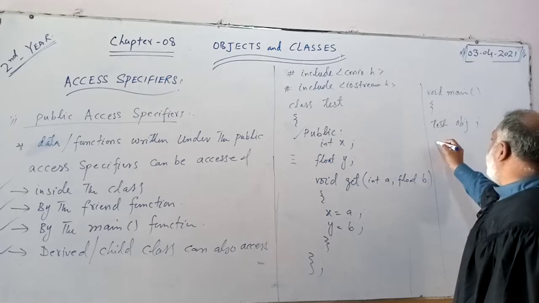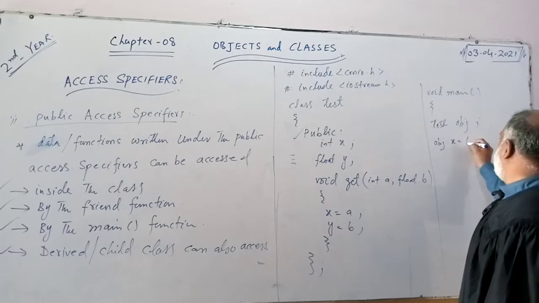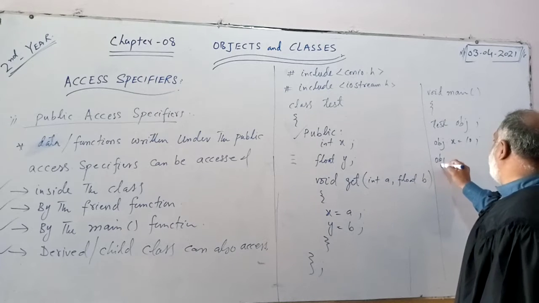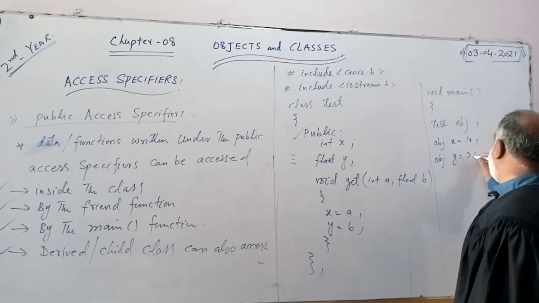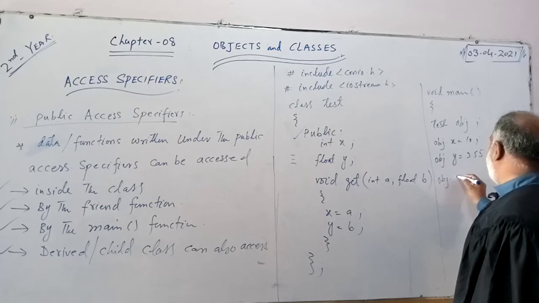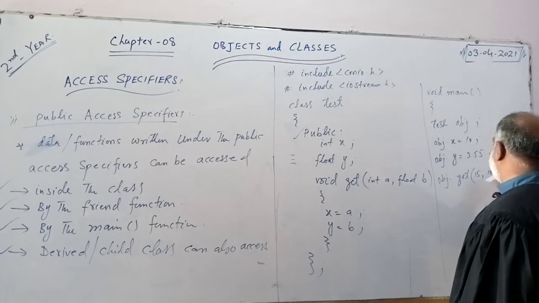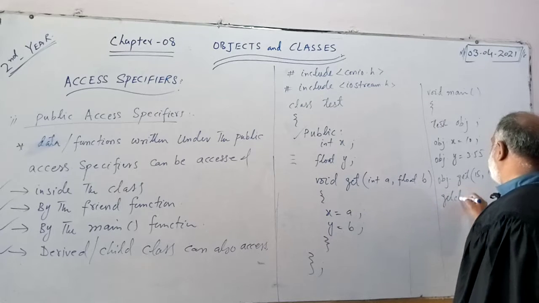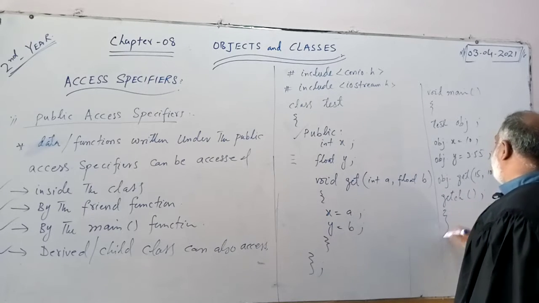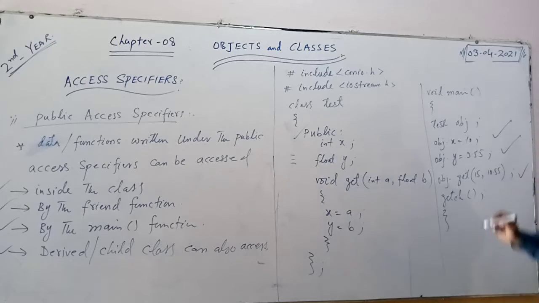So if I write object dot x equal to some value, object dot y equal to some value, or I write object dot function call with some value, dear student, this is also correct, this is also permissible.